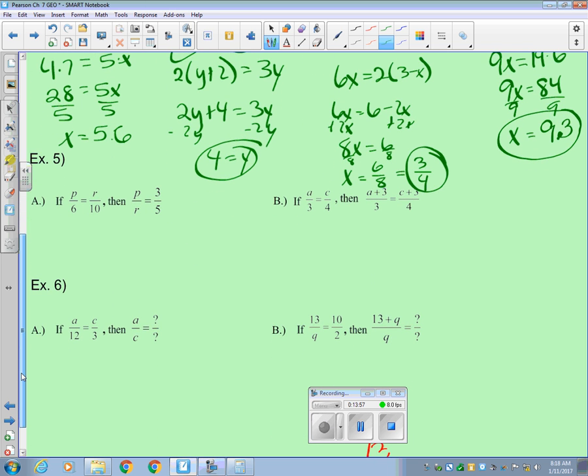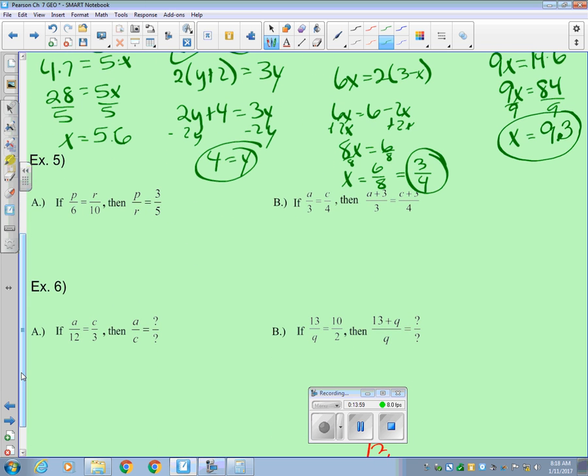For our remaining examples, we're just going to test to see if these are true or false. For example 5, we have P over 6 equals R over 10. Is P over R equal to 3/5?